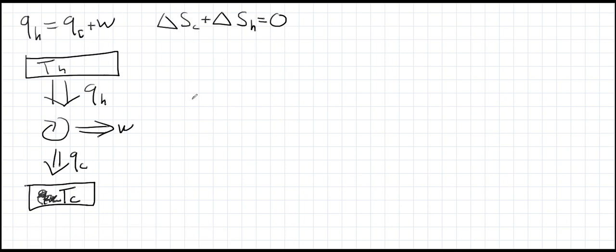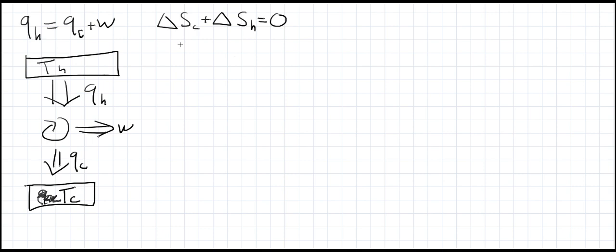Okay, so I've redrawn our heat engine over here, and then the two equations. The first law says that the heat we put in either ends up as waste heat or as work, and the second law says that the entropy that we lose when we draw heat out of the heat source has to be at least compensated for by entropy we gain when we reject waste heat. All right, so let's go ahead and put equations in for these. We could say that we're doing the heat transfer at a single temperature.